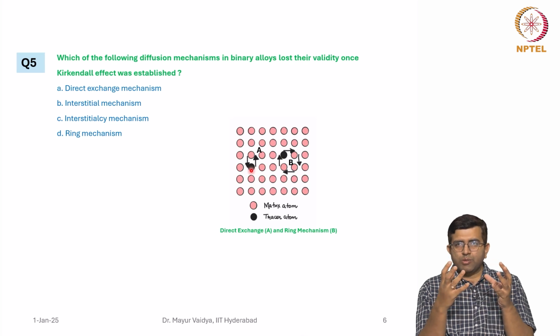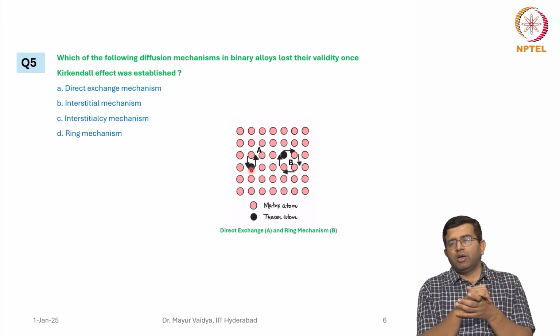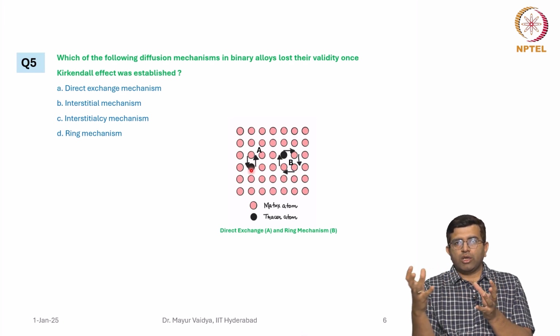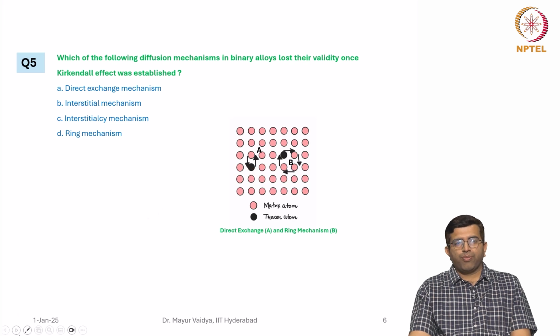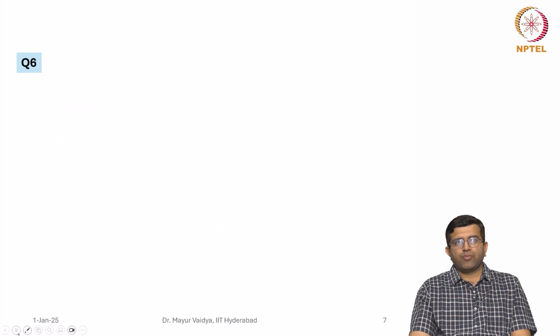We will see about Kirkendall effect in more detail in the upcoming week. There you can study more about what is meant by unequal diffusivities and how Kirkendall experiments were designed and so on. So, in this case the correct answers are A and D.